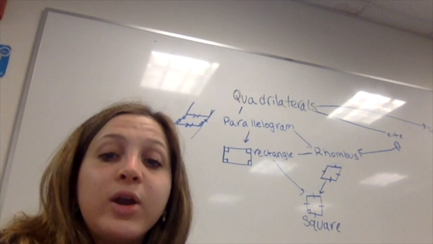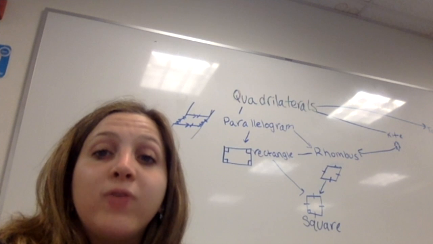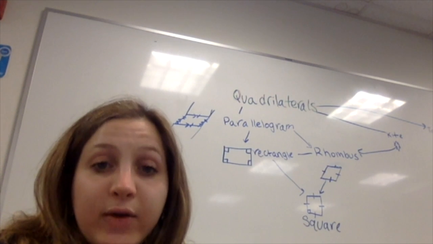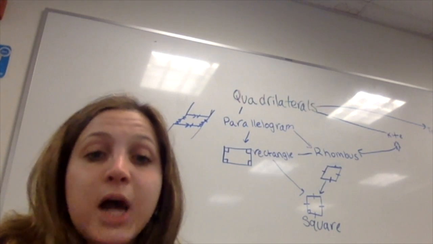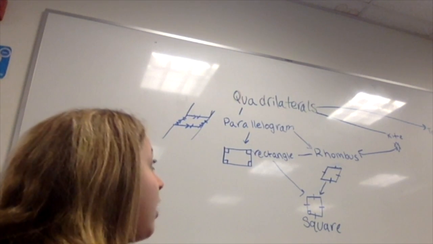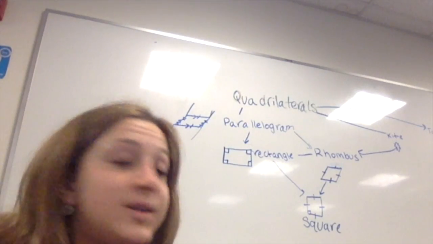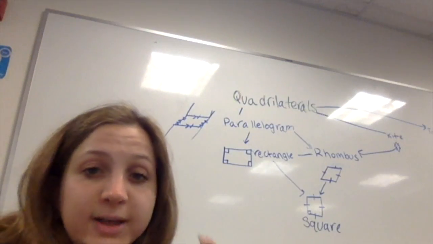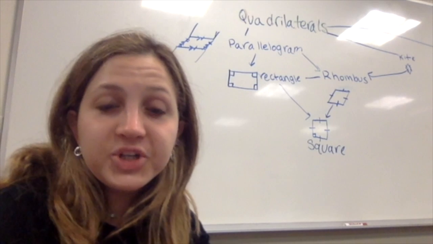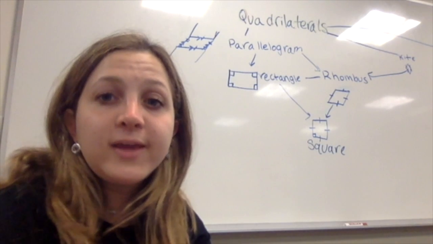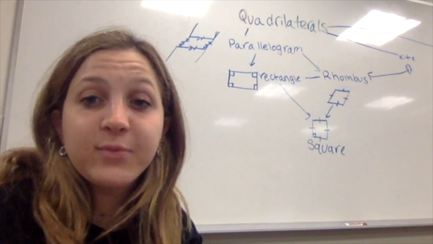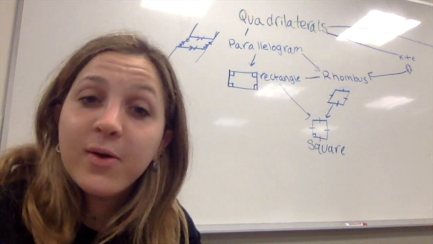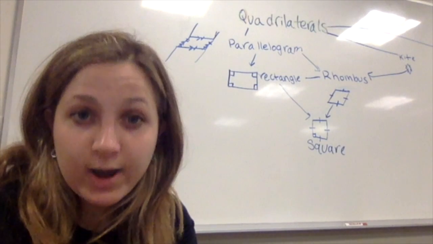A rectangle can also be a rhombus when all of its sides are equilateral. But because it is not a defining attribute of a rectangle to have all equilateral sides, it is not always a rhombus. For both of these shapes, though, when they do meet the attributes of one another, so when the rectangle can be a rhombus and the rhombus can be a rectangle, they end up being a square.